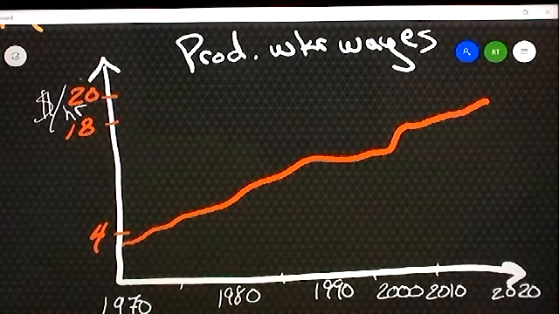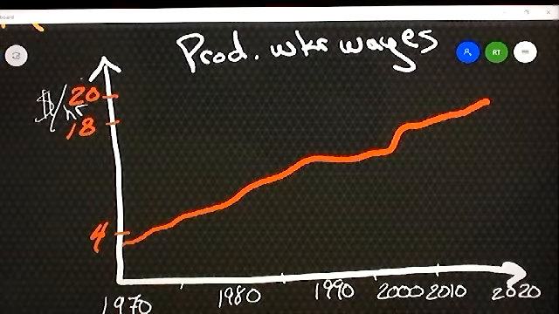Production workers on average. I don't know if this is the average or the median.